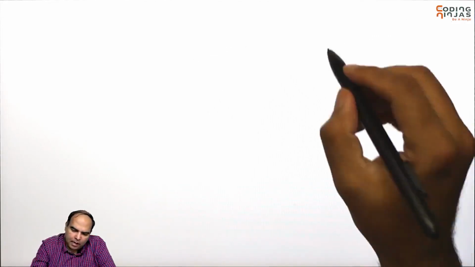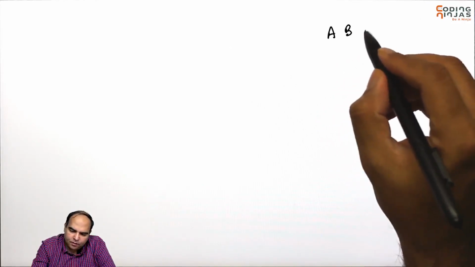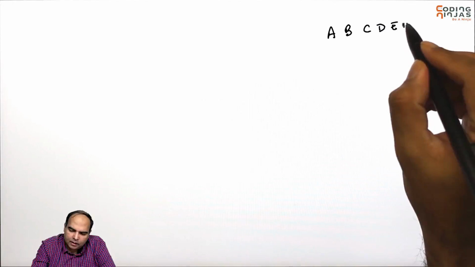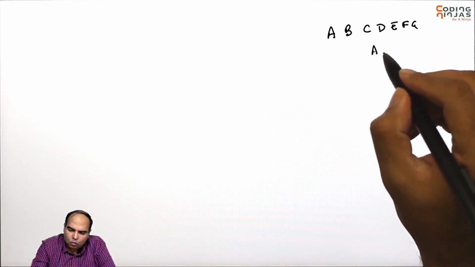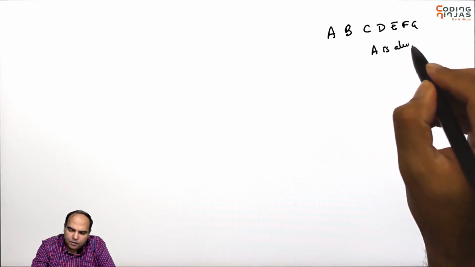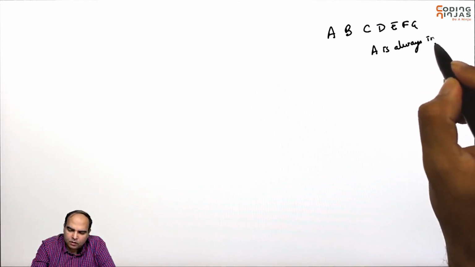Then A, B, C, D, E, F, G on a straight line such that A is always in the middle. These are the variants to this question.